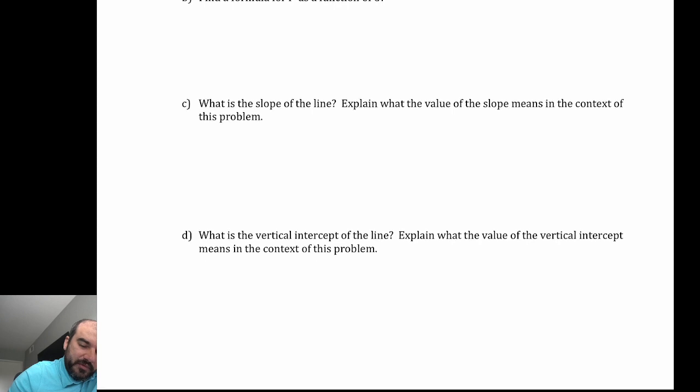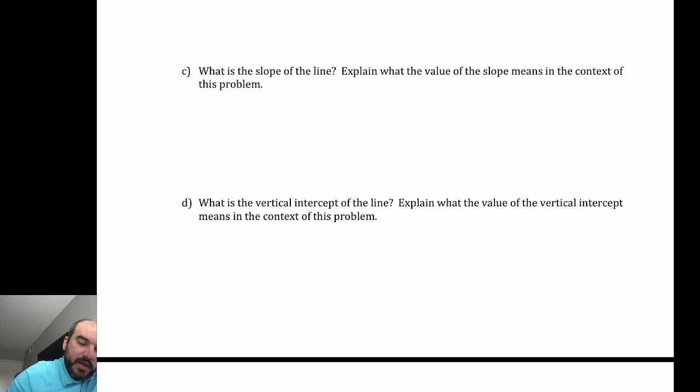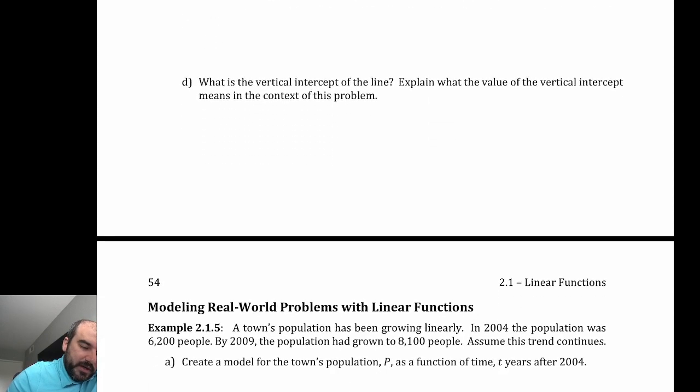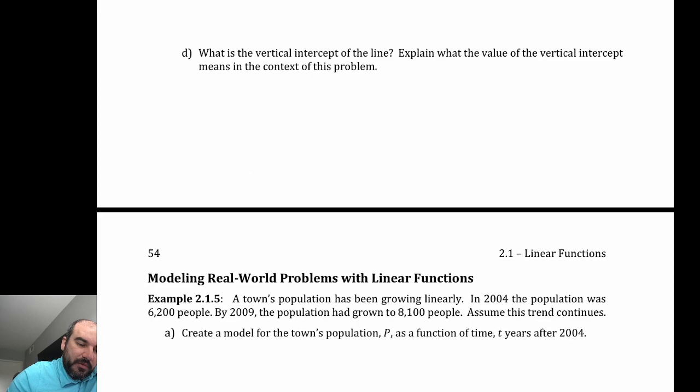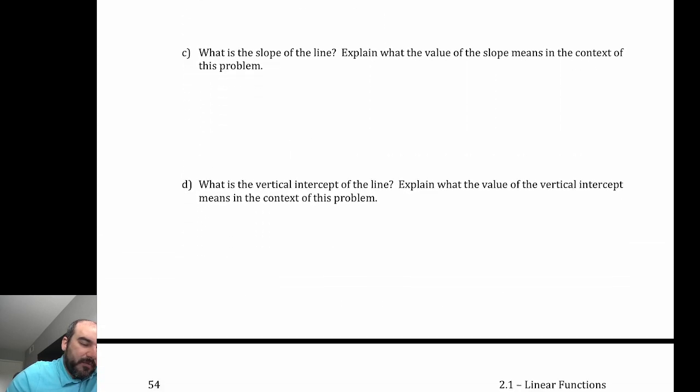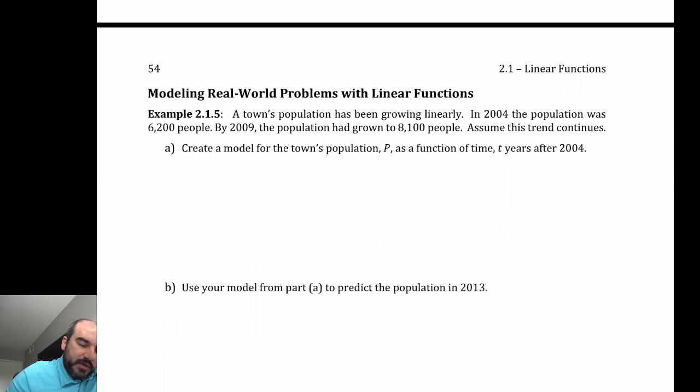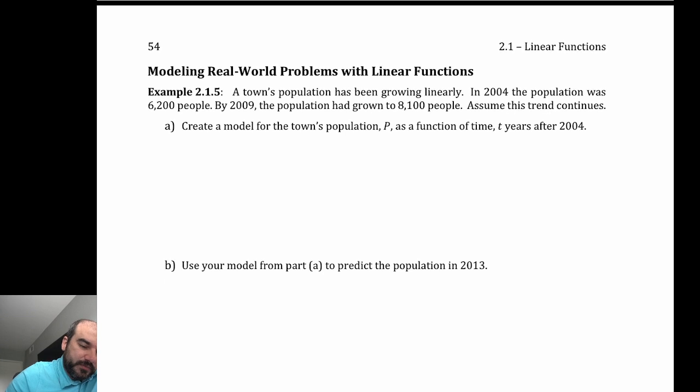So ask for help if you need it at that point. And then also for part D, explaining what the value of the vertical intercept means, you may need help. So ask for help on those parts, but I want you to do parts A and B together in your groups first.